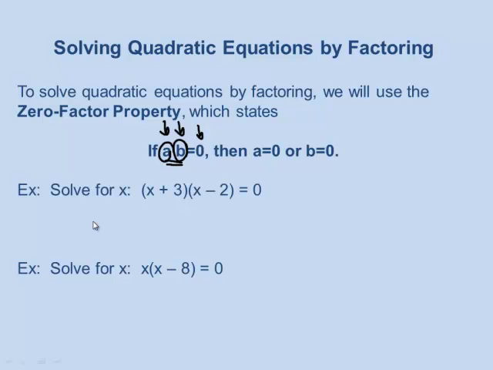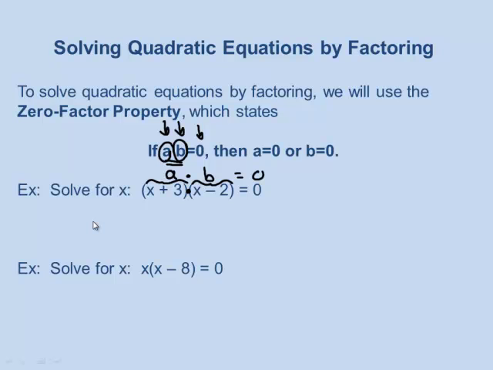So over here, this first example, notice the quantity x plus 3 times, okay, so there's a multiplication step here, times the quantity x minus 2 is equal to 0. This is like A times B equals 0, where A is your quantity x plus 3, and B is represented by your quantity x minus 2.